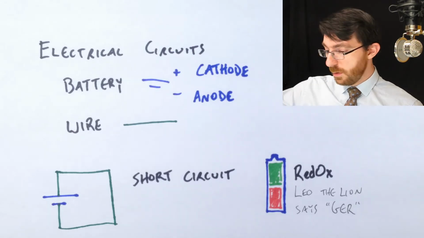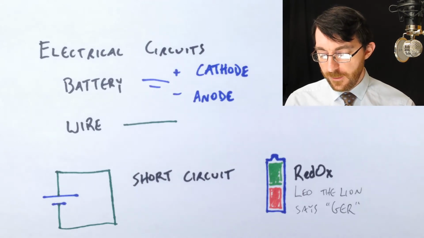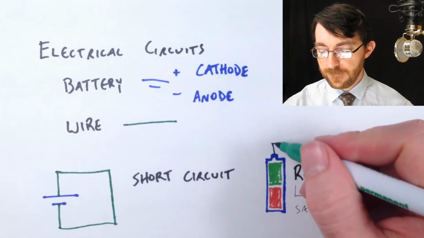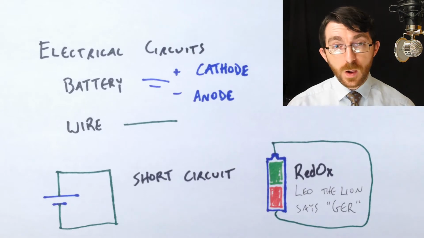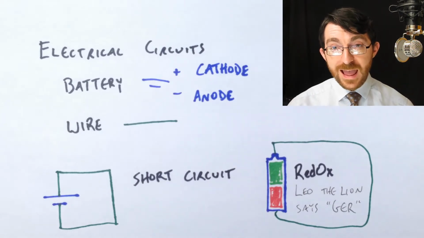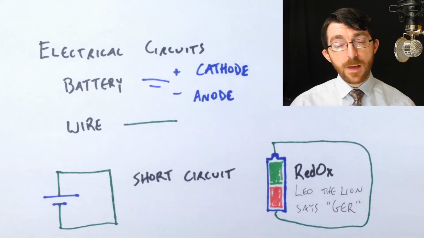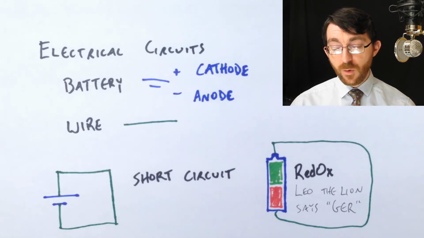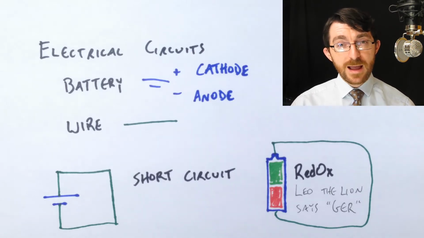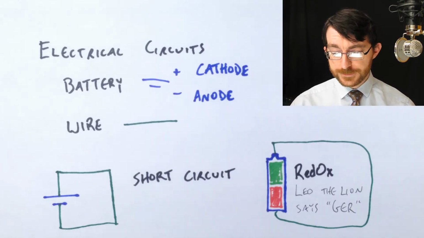If you connect a cathode to an anode with a wire, all of a sudden electrons are able to travel through that wire and complete the reaction. So when a battery is dead, really all that means is the reaction is complete. And that means that there's no more oxidation or reduction going on that's driving the transmission of electrons. That's the meaning of a dead battery.